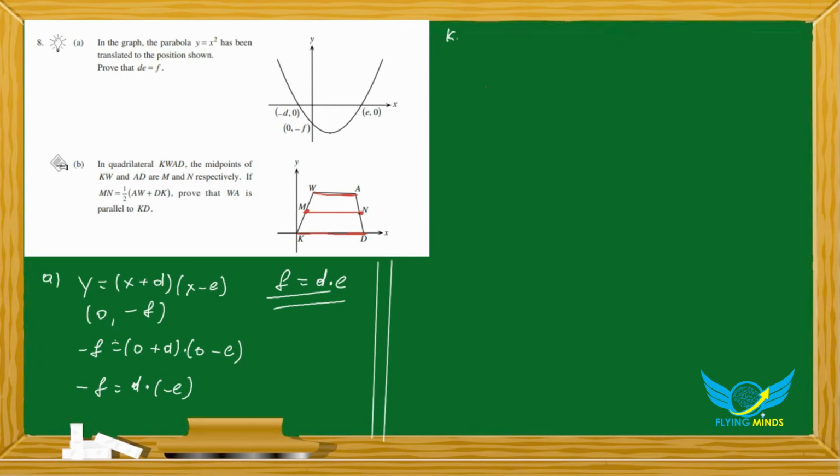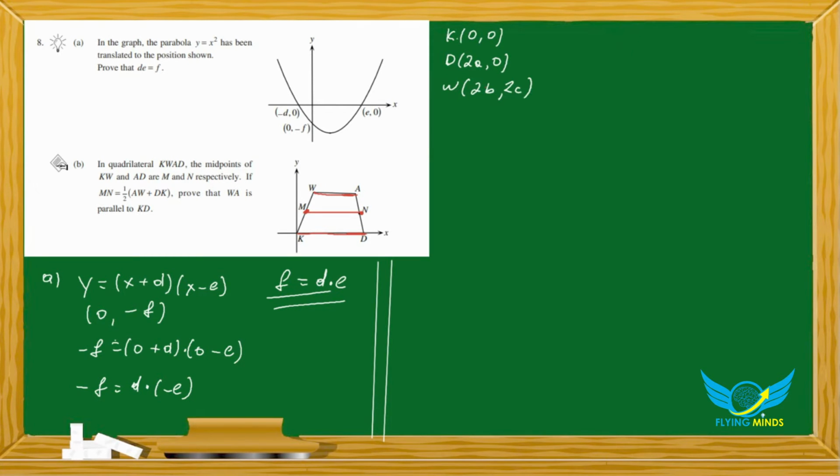So K will be 0, 0. It starts at the origin. D will be 2a, 0. Then W will be 2b, 2c.